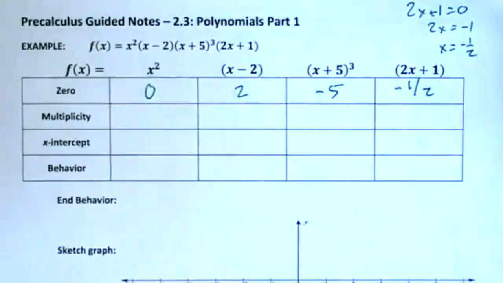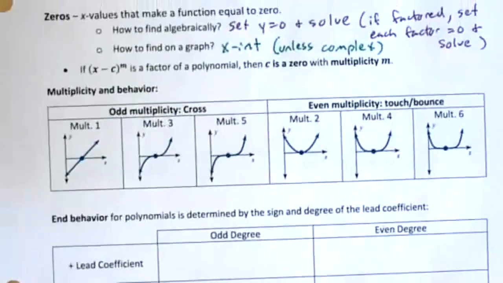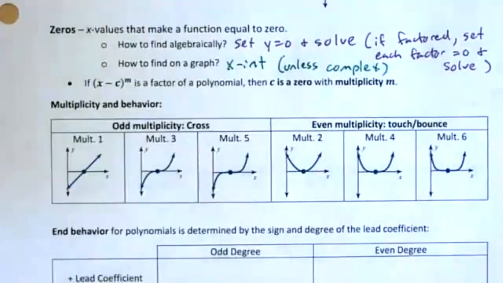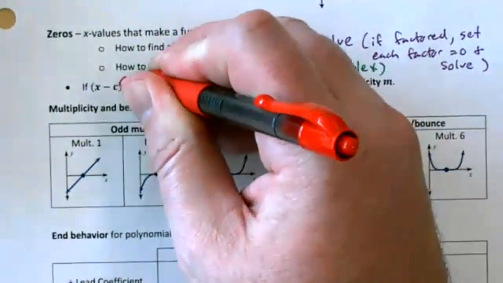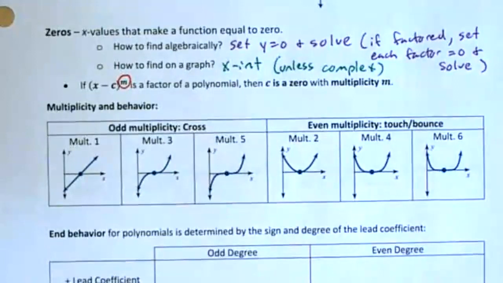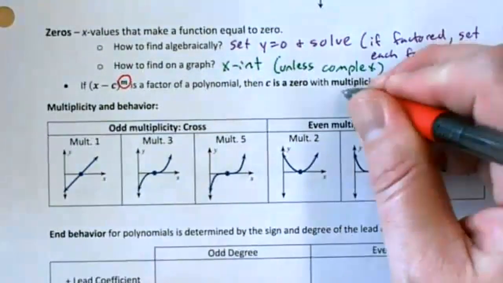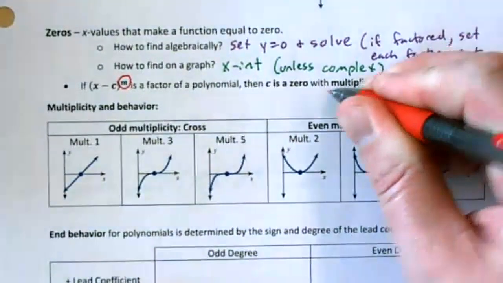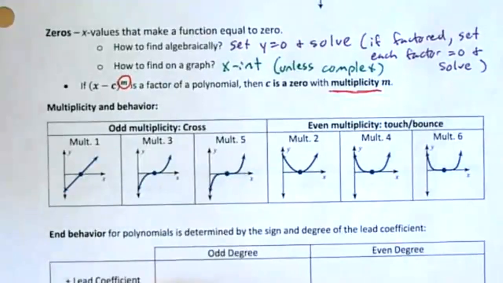Going back down to the bottom now. Multiplicity. So when we're looking at a factor, if the factor has an exponent on it, that means that factor is included more than once, then that's going to give us multiplicity. If the exponent's 1, it has a multiplicity of 1, so on and so forth.